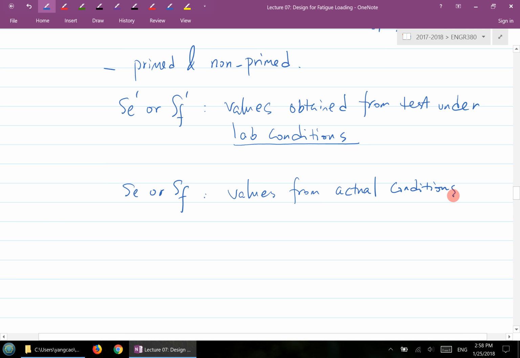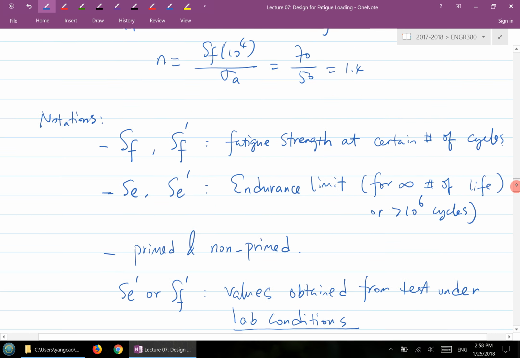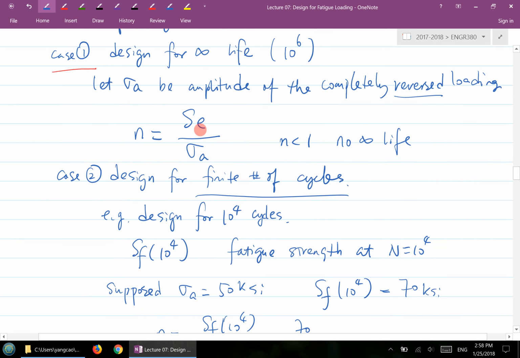Why would lab conditions be a luxury if the actual conditions would be more precise? The idea is, for example, if I want to design for infinite life, you have to calculate the safety factor. The safety factor you calculate is based on the value you obtain from the lab condition.